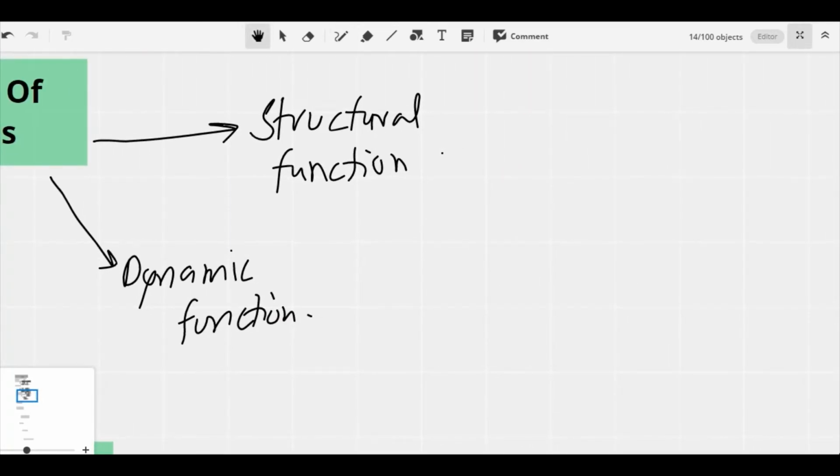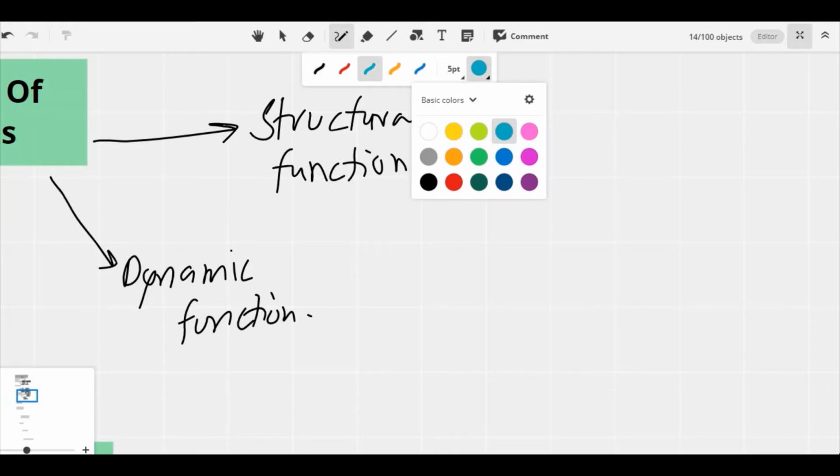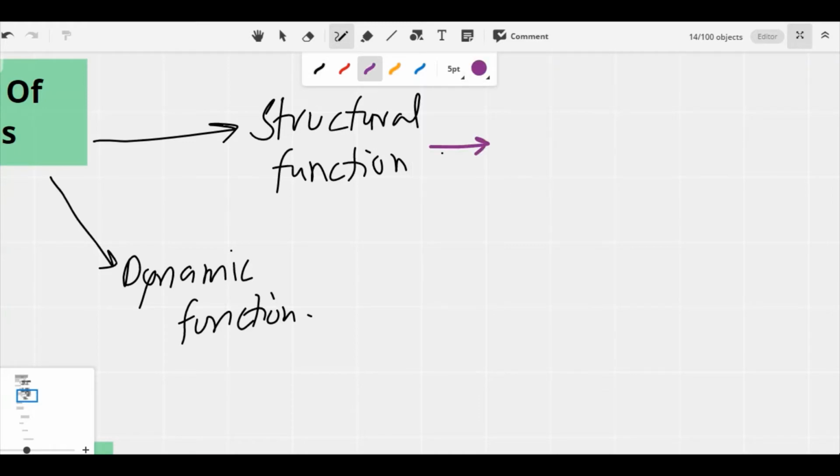First of all, what are the structural functions of protein? Remember that certain proteins perform a brick and mortar role and are primarily responsible for the structure and the strength of the body. For example, here I am going to show you collagen and elastin.